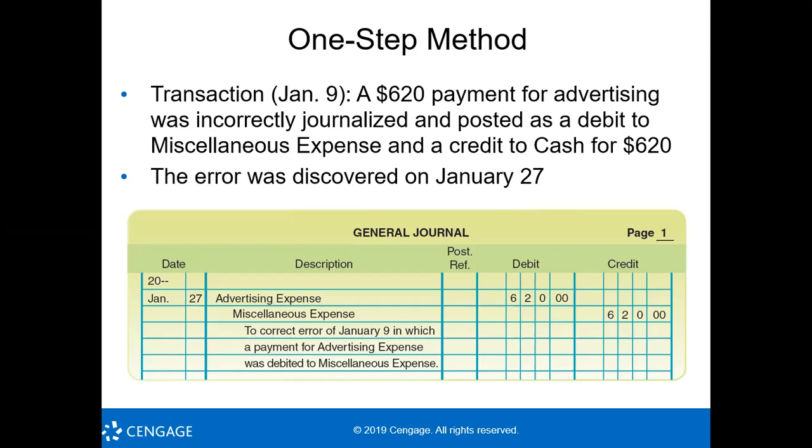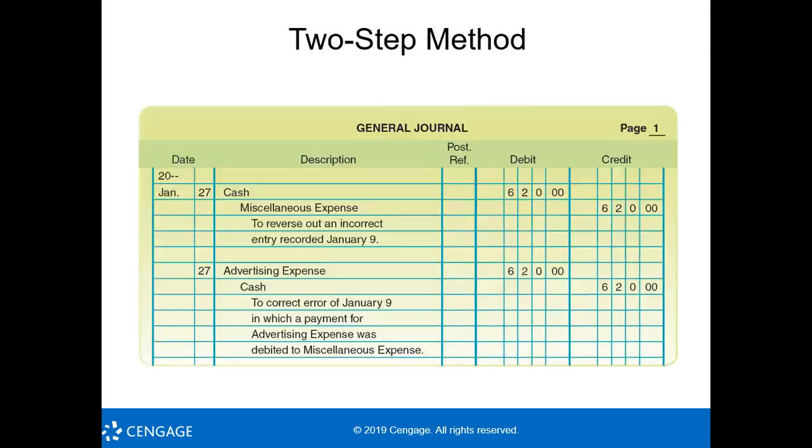But it should have went into advertising expense. So then we're debiting advertising expense, crediting miscellaneous expense. Expenses increase with the debit. So again, we're moving this 620 out of miscellaneous into advertising expense, right?